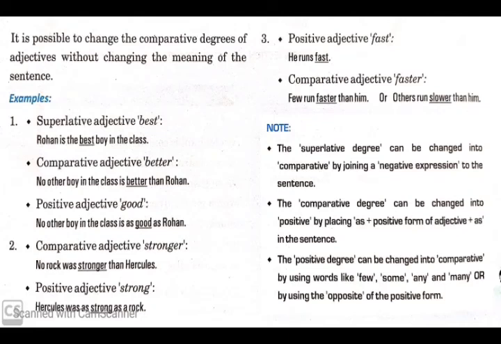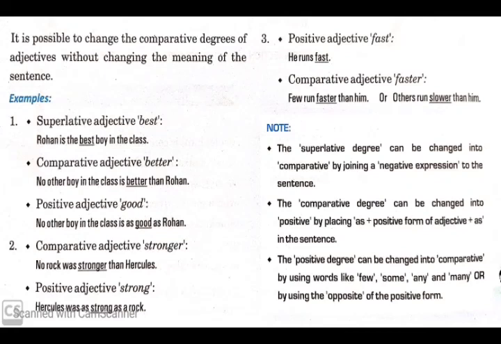Okay, so students, you must note that the superlative degree can be changed into comparative by joining a negative expression. As you can see, we did in first case, Rohan is the best boy, and in the next sentence we added no other boy in the class is better than Rohan. So we added a negative expression.